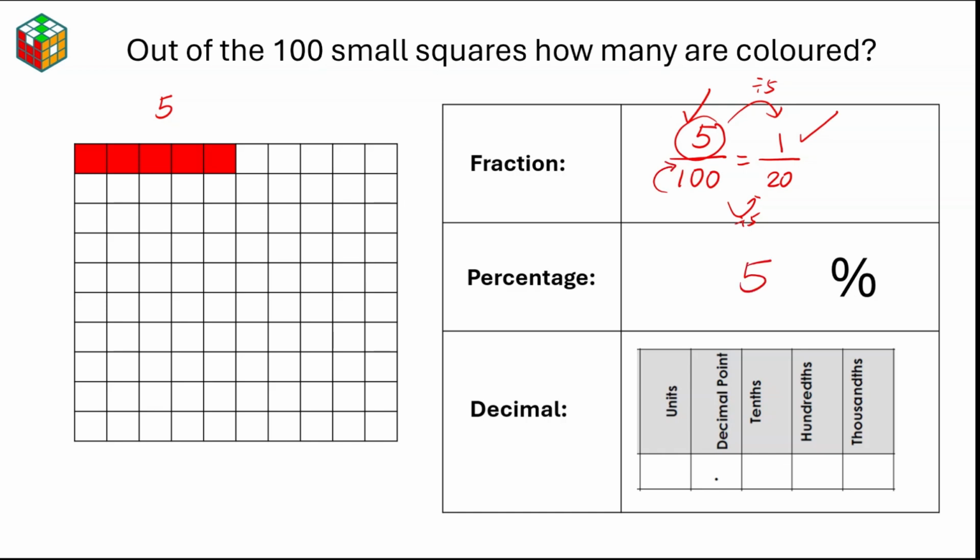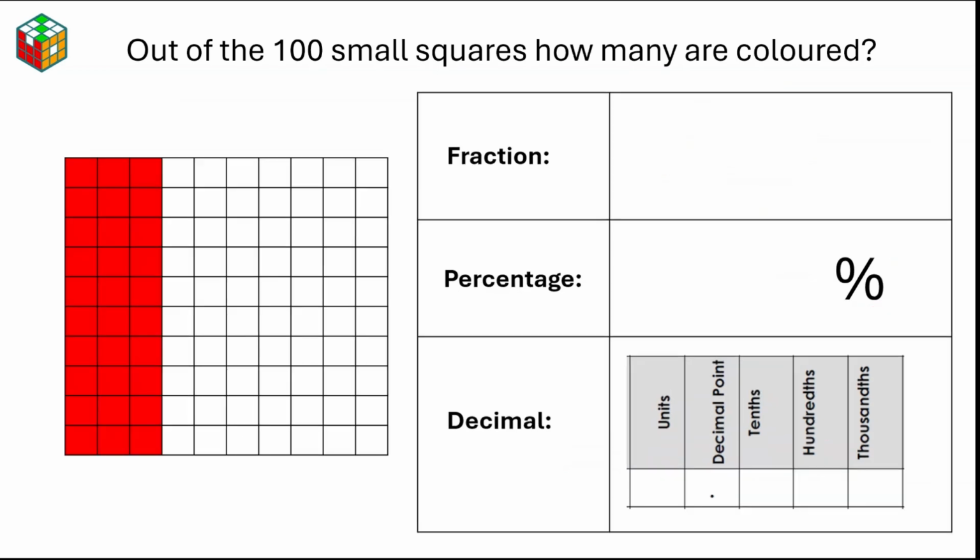That is 5%. I need to now fill in my decimal because I know that I have the percentage here. I know that it's out of my hundredths. I have 5, but I got 2 boxes, so I need to put 0.5, and I need a placeholder. So for the decimal, it's 0.05.